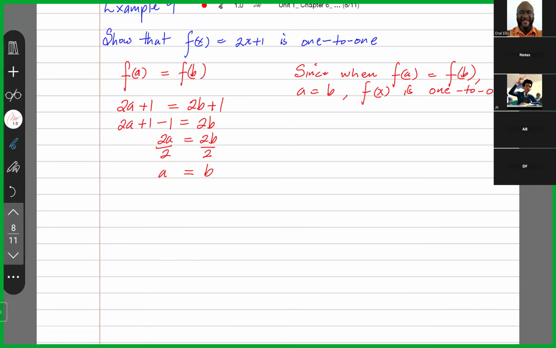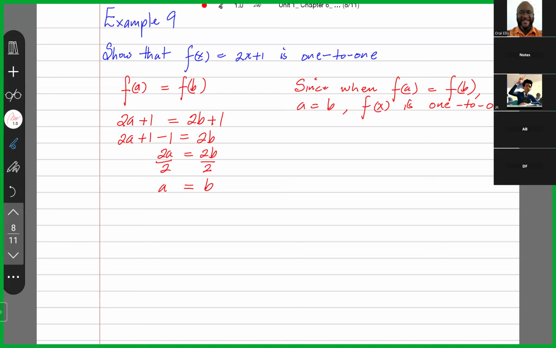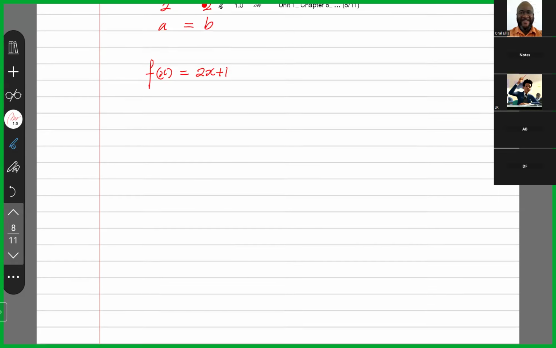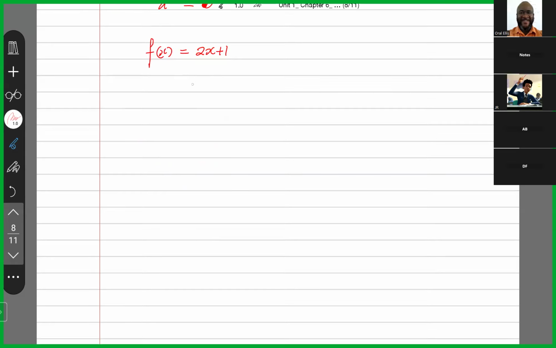So let's do the alternative approach. The alternative approach is to sketch a graph of f of x is equal to 2x plus 1. From our knowledge of CSEC and maybe ADMAF, we should be able to sketch this graph easily.